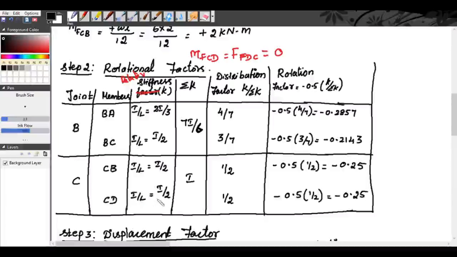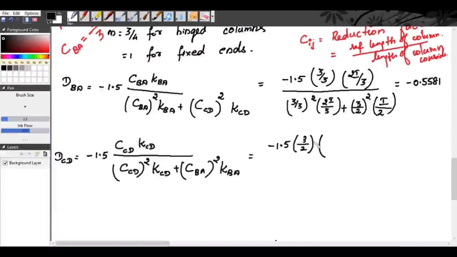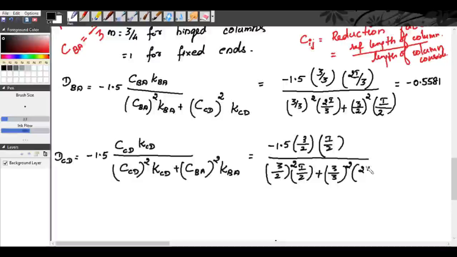Relative stiffness of CD is I by 2. So it is I by 2 divided by 3 by 2 the whole square into I by 2 plus 3 by 3 the whole square into 2I by 3. We get minus 0.6279.